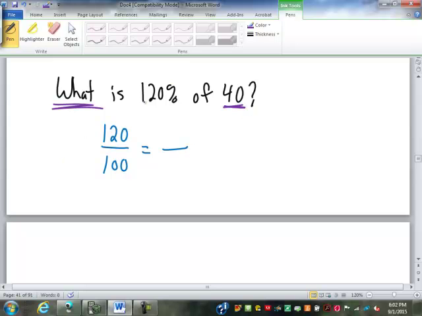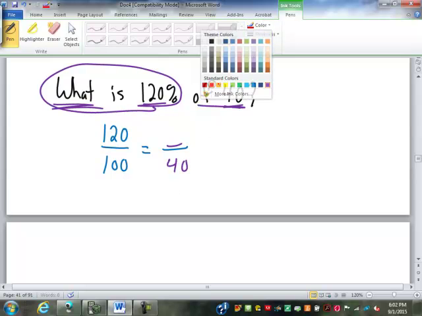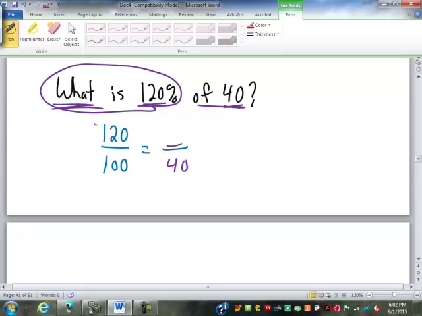Which one matches up with the 120? What is the 120? We're looking for the number that matches up with the 120. Of 40 goes on the bottom. So we're going to cross multiply and divide. 120 times 40 is 4,800. Divided by 100 is 48. So 48 is 120% of 40.